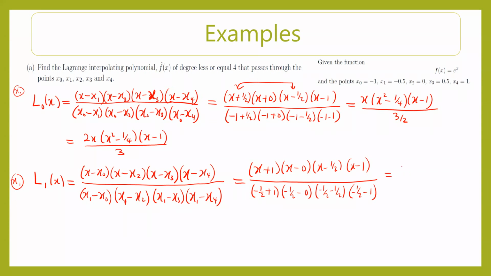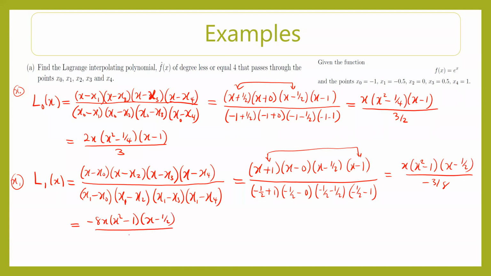And again, you see that this guy and this guy, they are a difference of 2 squares. So I'm going to have x, because x minus 0 is x. I'm going to write the difference of 2 squares, which is x squared minus 1, and then x minus 1 over 2. Everything is divided by minus 3 over 8. If you write it very nicely, you're going to get minus 8x, x squared minus 1, x minus 1 over 2, all divided by 3.